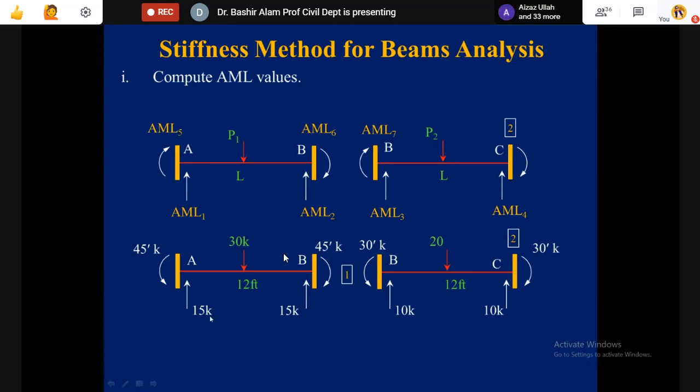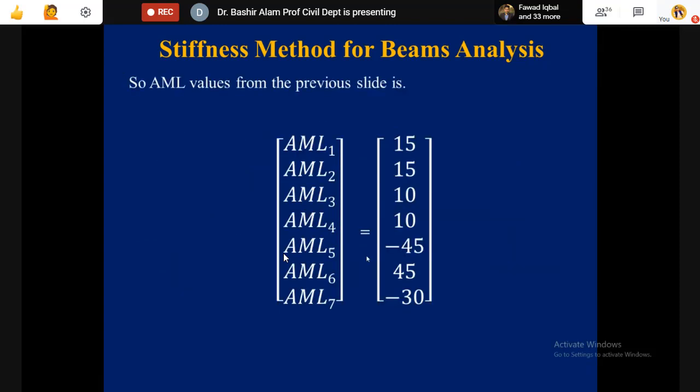AML1 is 15, AML2 is 15, AML3 is 10, AML4 is 10, AML5 is minus 45, AML6 is 45, and AML7 is minus 30. So all these values are recorded here.